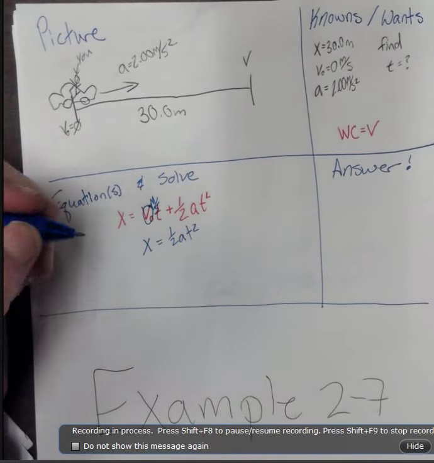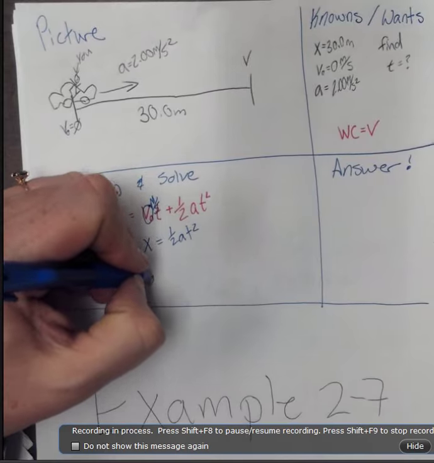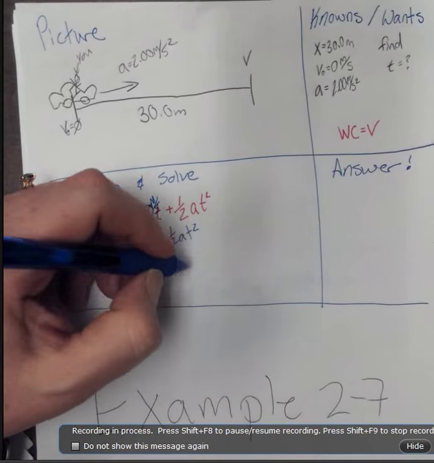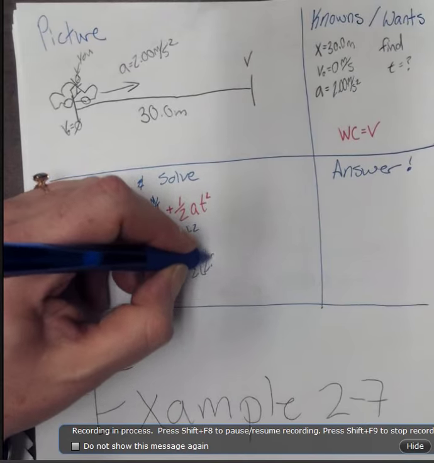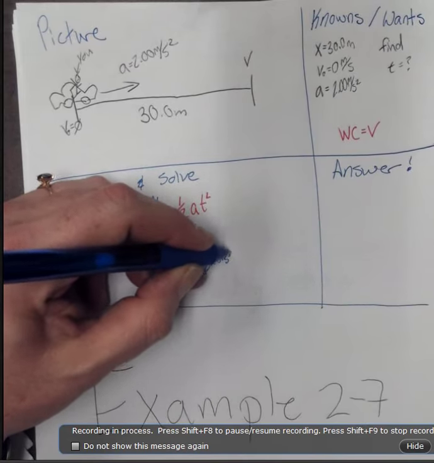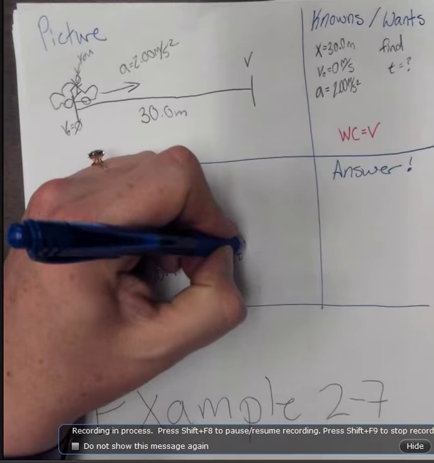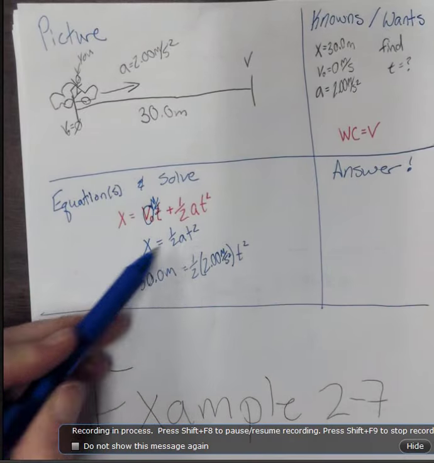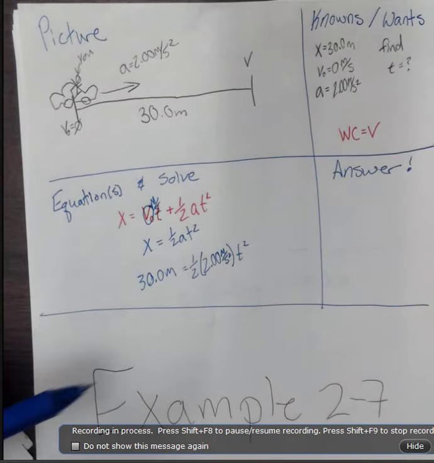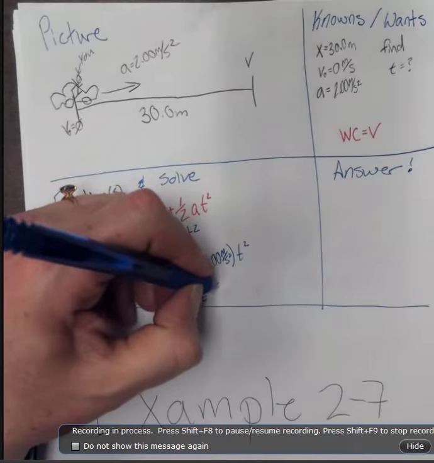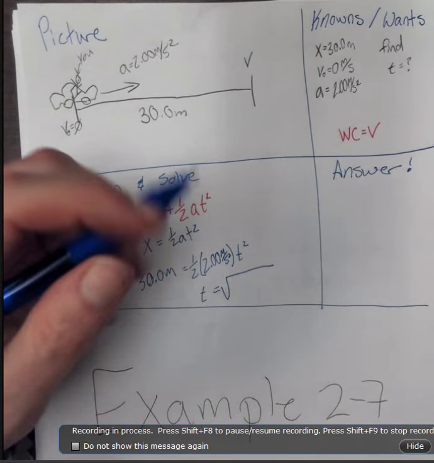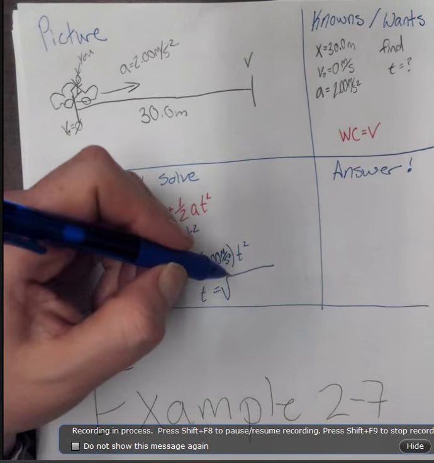Now we plug in 30.0 meters equals 1/2 times 2.00 meters per second squared times time squared. You could first isolate the variable time and then plug in. I'm okay with either way, but here I'm going to resolve it. Time is going to equal the square root of 30.